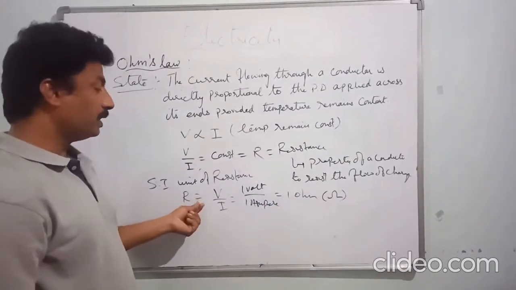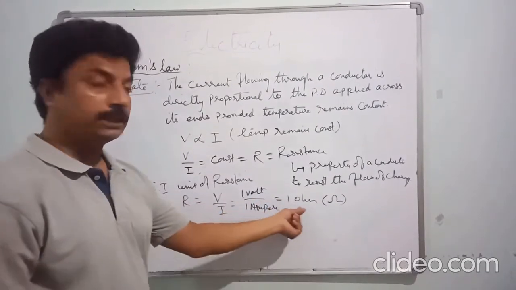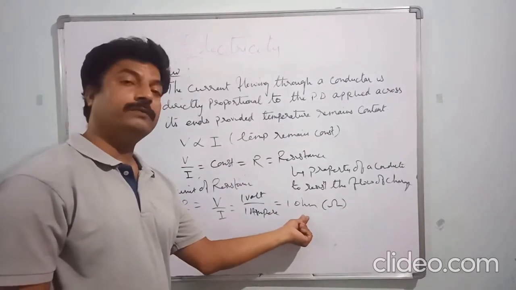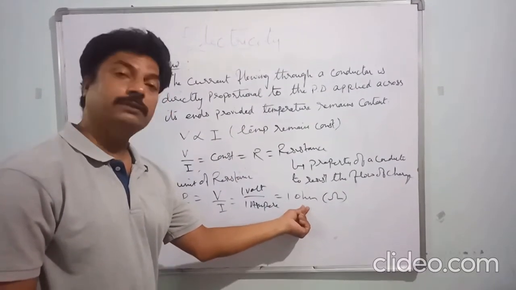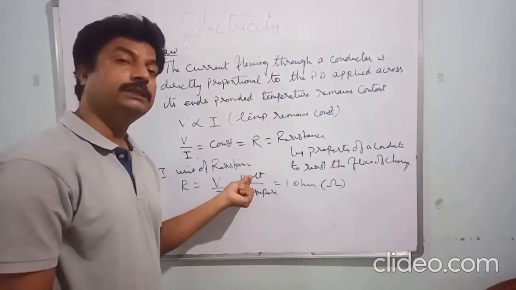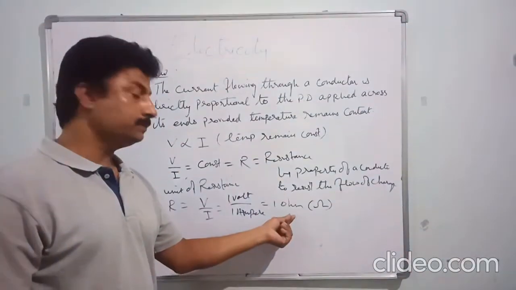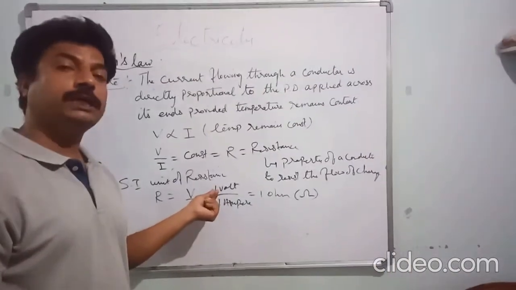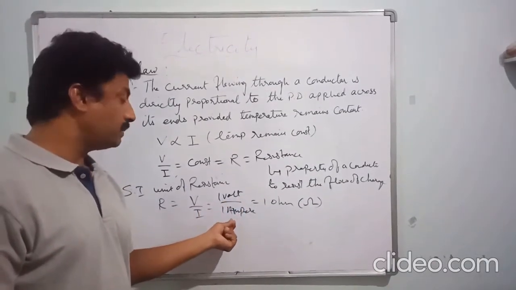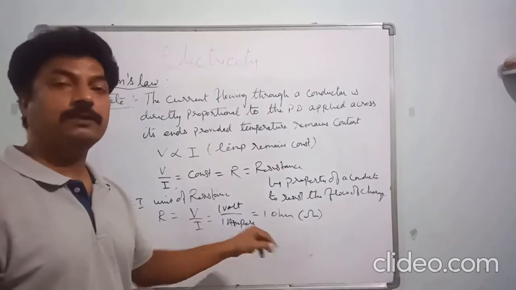If we want to define 1 ohm, if it is asked: if the potential difference across the two ends of a conductor is 1 volt and the current which passes is 1 ampere, then it is called 1 ohm.